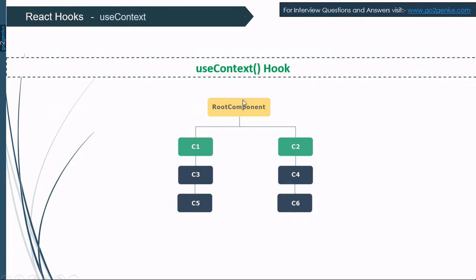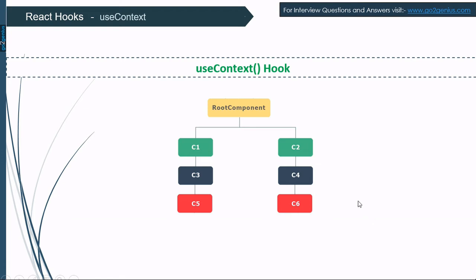Here you can see we have a root component and this root component has two direct child components C1 and C2, and further they have some nested components C3, C5 and C4 and C6. Suppose we require some information for component 5 and component 6, then how will we get that information?